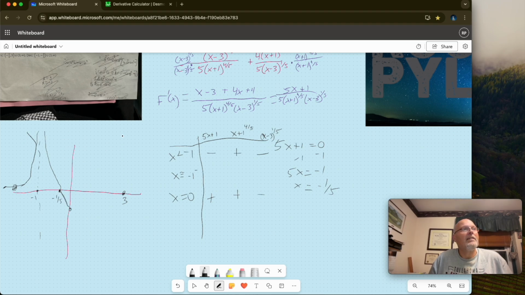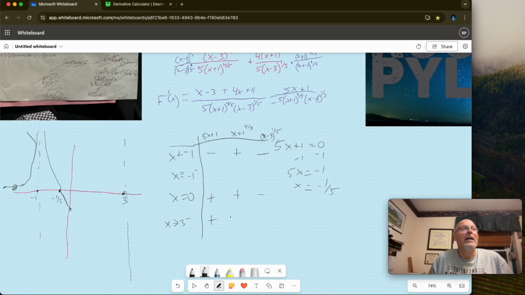Then let's see what happens at x equals 3. As x approaches 3 from the low side, the 2.9 side, we end up with a very, very small negative number.